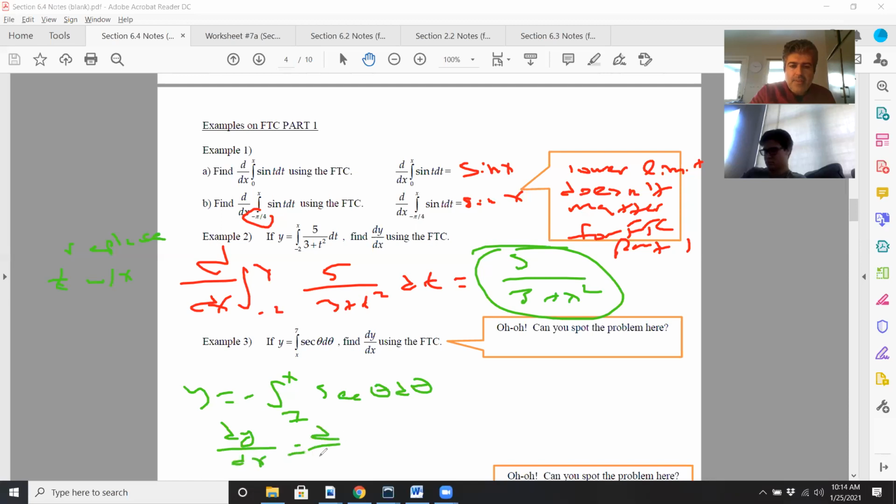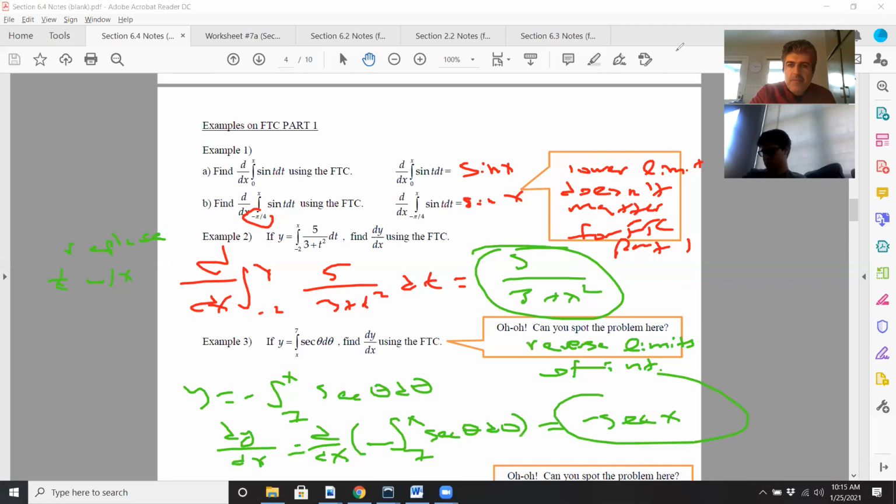So doing d dx, again, you have to reverse the limits of integration. D dx of this entire integral here. We'll get to the question in just a sec. Secant theta d theta. So it's going to be negative secant x. That's all.